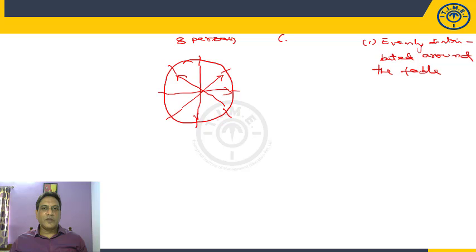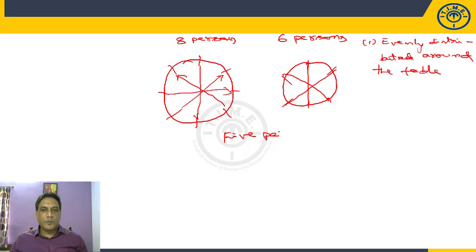If there are 6 persons, we take it this way: 1, 2, 3, 4, 5, 6. So this is one pair of opposite person, this is another pair, and this is a third pair. If there are, let us say, 5 persons, then the persons will not be opposite each other.